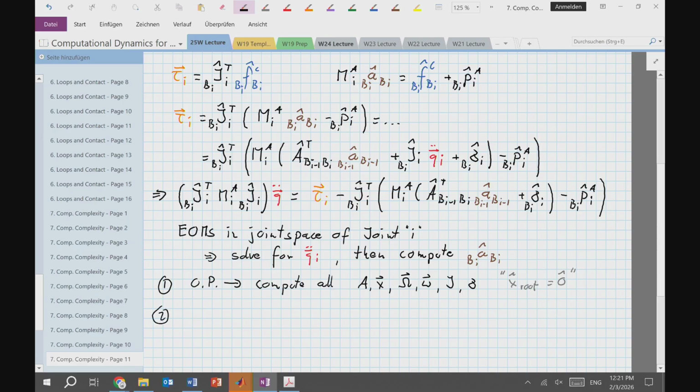Then comes an inward pass. So now we go from the leaves to the root. And what do we compute as we go from the leaves to the root?